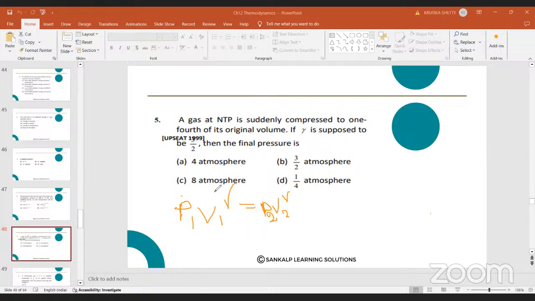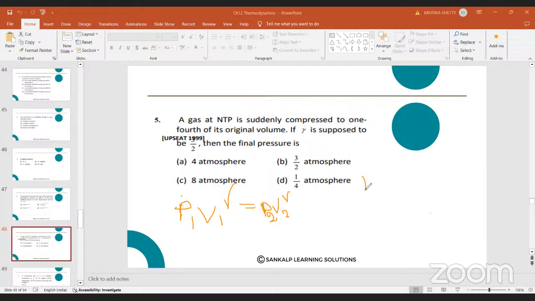Now we can simplify this for P2. P1 is given as 1 atmosphere, so the P1 value is 1.